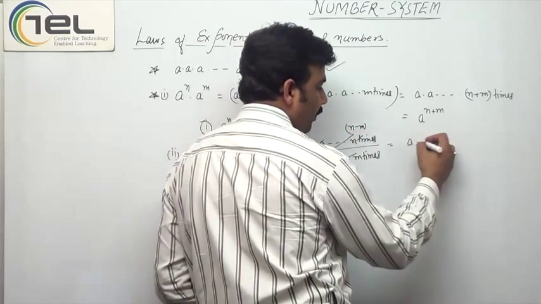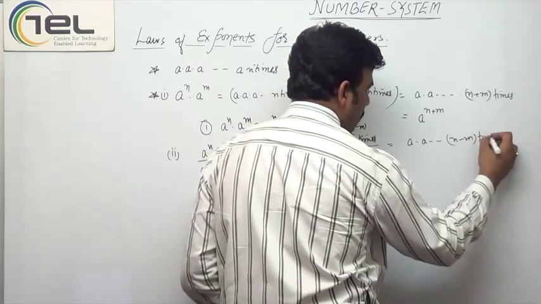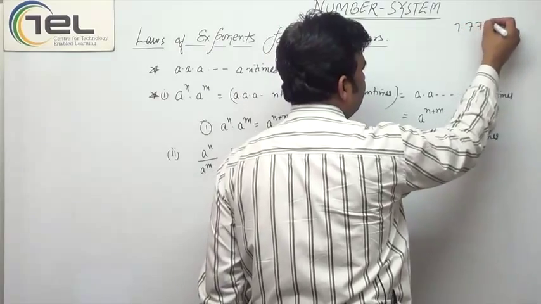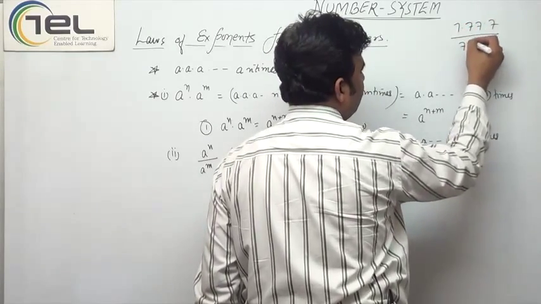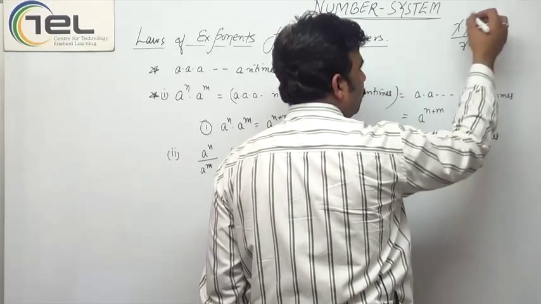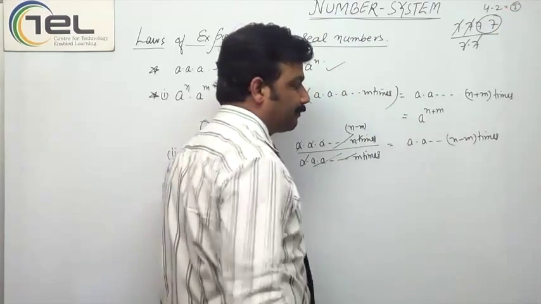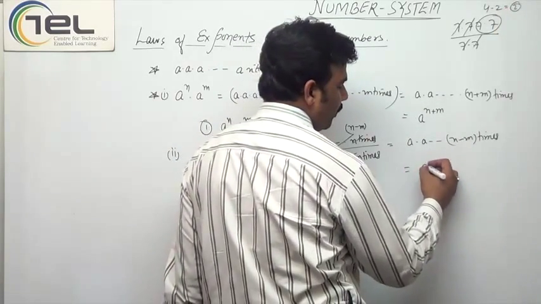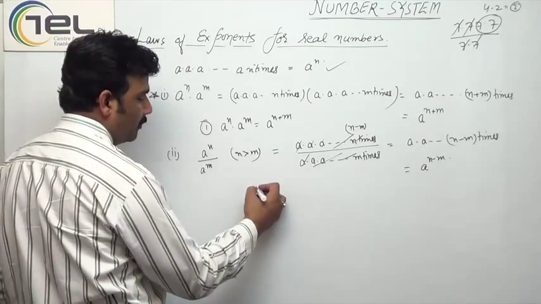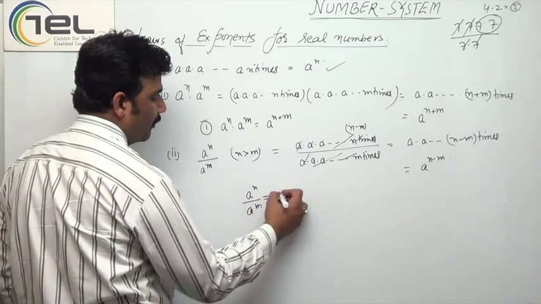So it is A n minus m times. It is like this: 7 four times divided by 7 two times. What I have left is only 4 minus 2, that is 2 sevens. So it is A raised to the power n minus m. So we have the second rule.